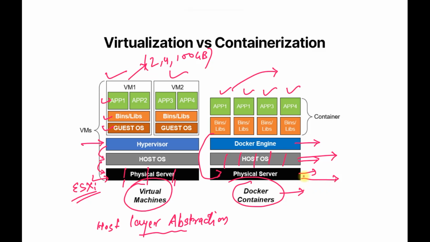So if your underlying infrastructure is huge, you have more flexibility to scale. There are ways to limit these resources, but ideally the container has access to the whole host. The only thing is, it does the division on the host operating system which we are running.